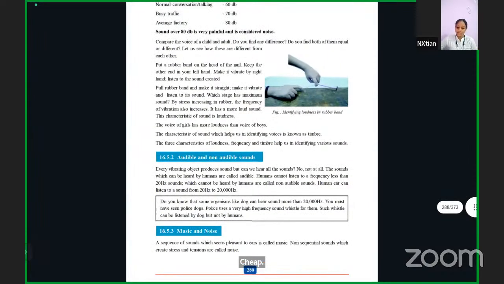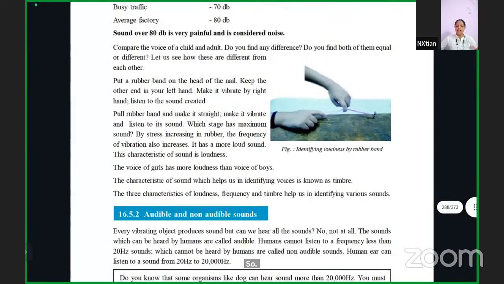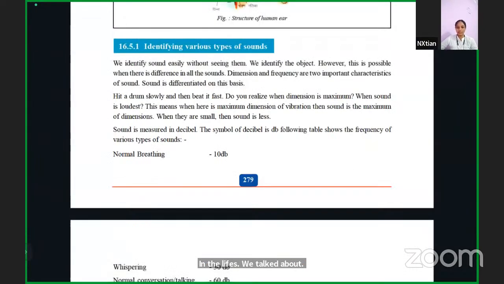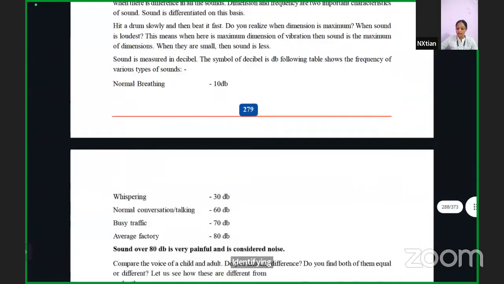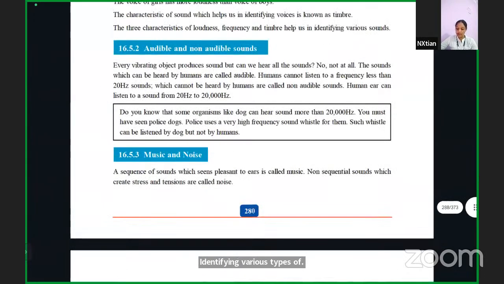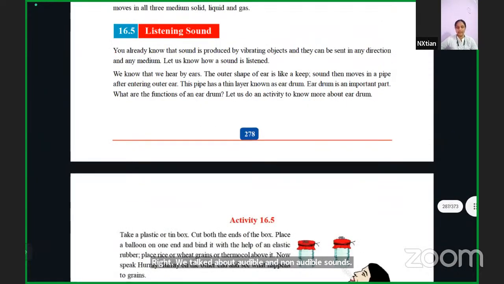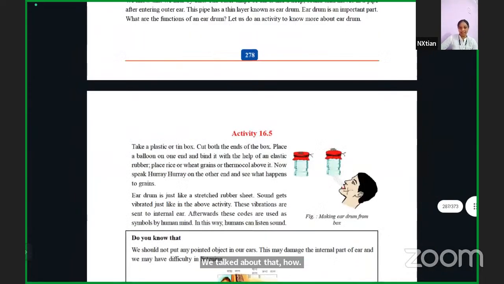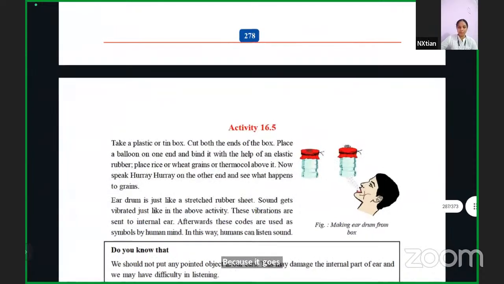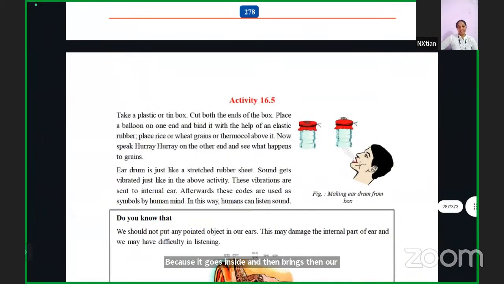In the last class, we talked about identifying various types of sounds, right? We talked about audible and non-audible sounds. We talked about listening sounds. How do sounds reach our ear? We talked about how it goes inside and then our brain responds to it and interprets it.